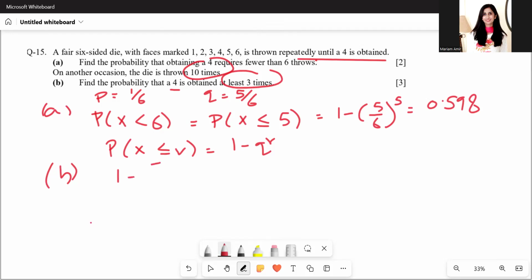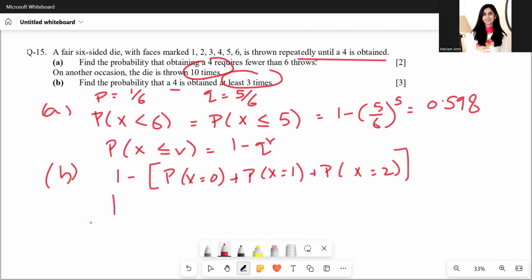Instead, we'll do 1 minus probability x equals 0 plus probability x equals 1 plus probability x equals 2. So x equals 0 would mean out of the 10 times, 0 times there's a success. Success was 1 by 6 power 0, and failure was 5 by 6, and this will happen 10 times, so power 10, plus 10c1.